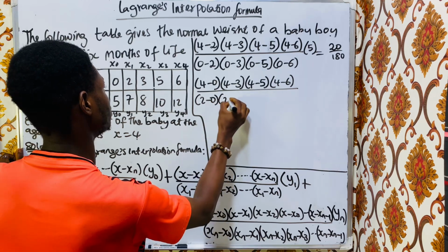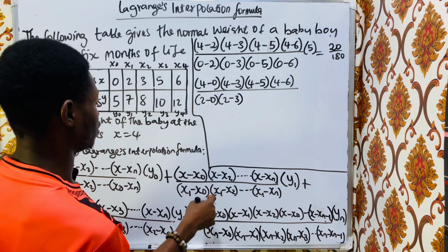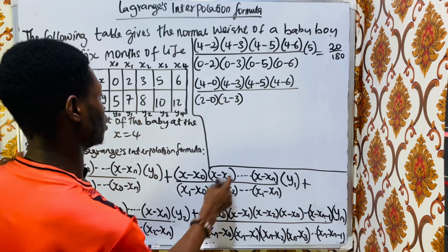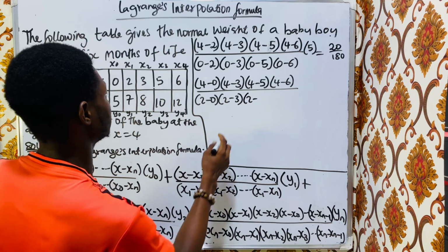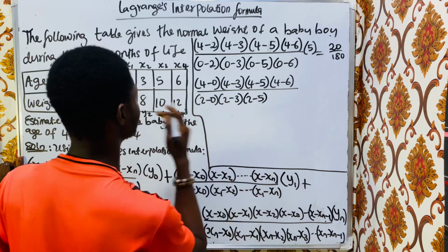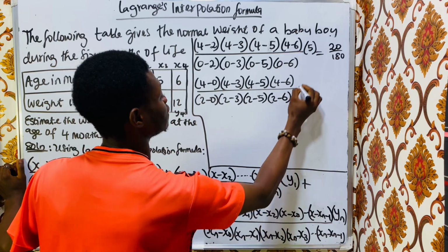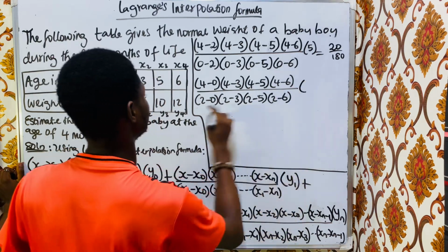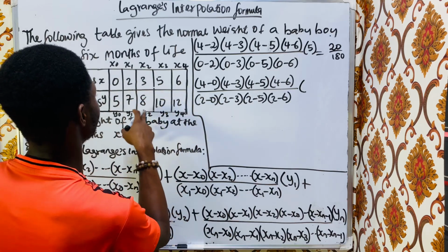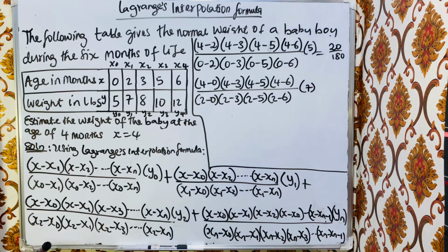Then 2 minus x2, which is 3. Then 2 minus x3, 5. Then 2 minus x4, 6. So remember your y1 is 7. So if you do it well, you are going to get this.